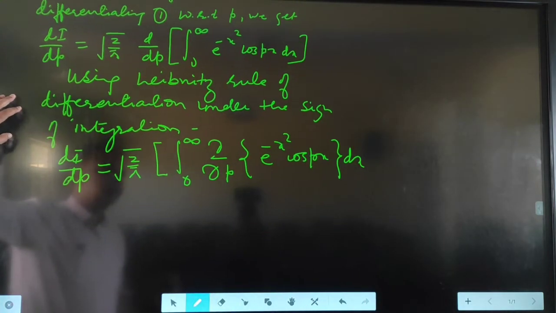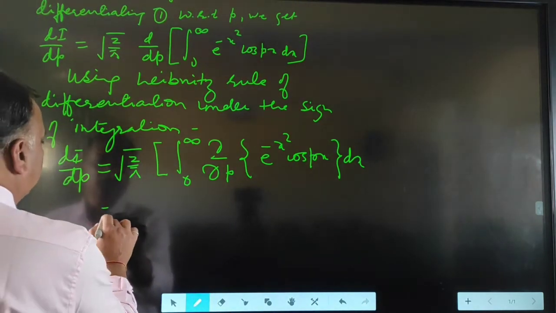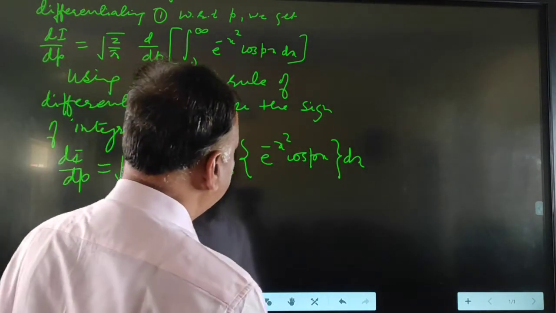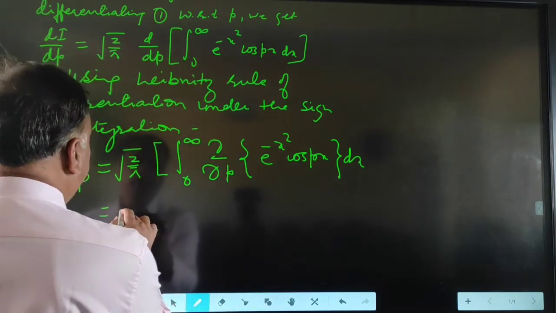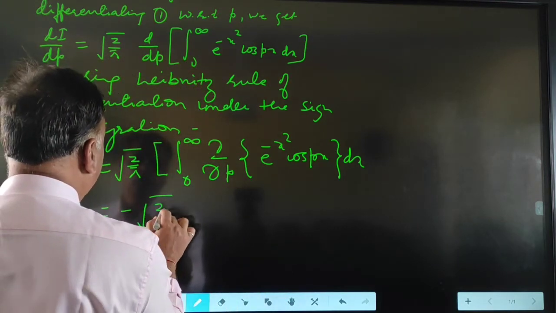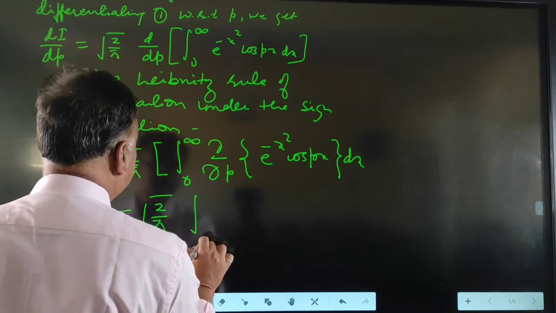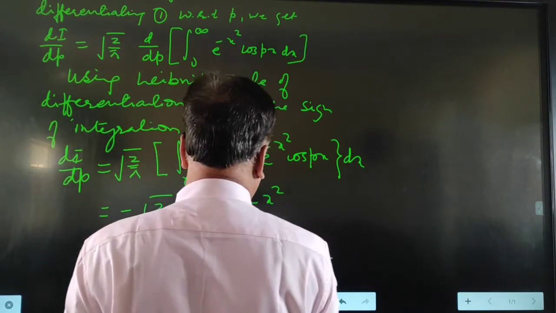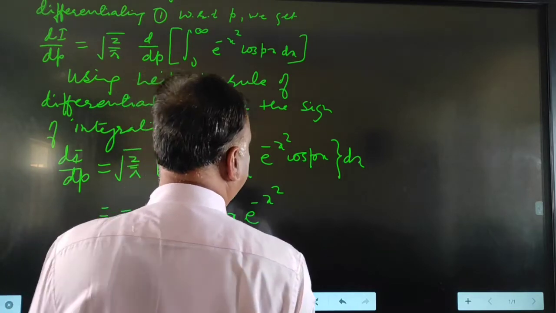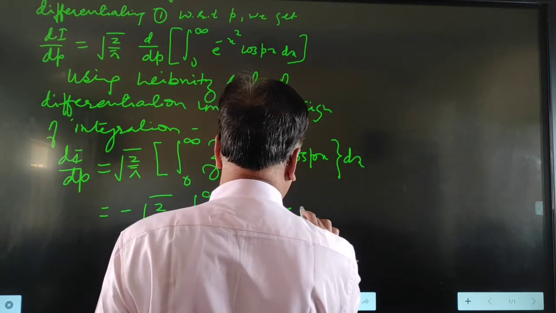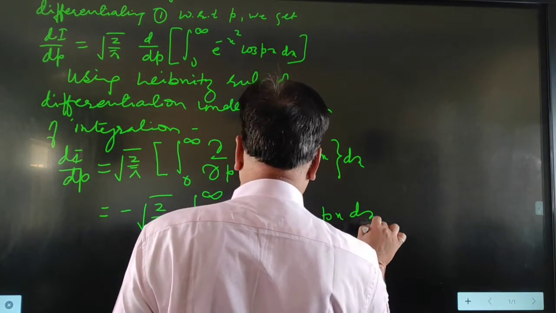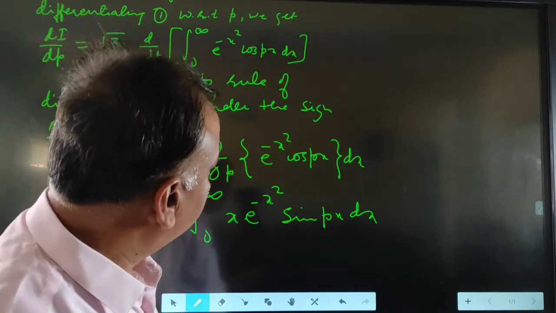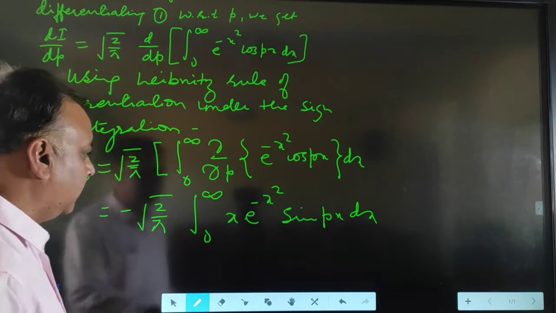Now differentiating partially with respect to p, this is minus root 2 upon pi integral 0 to infinity e raised to minus x square x sin px dx. The partial derivative with respect to p of cos px is minus x sin px, so we take the minus sign outside.